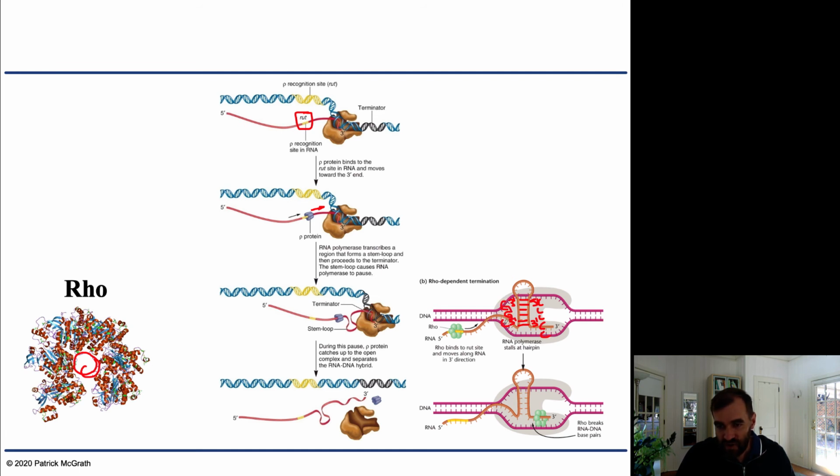In this case, a run of G's and a run of C's are complementary to each other, and so they can form this double-stranded RNA. But they have to be anti-parallel, and they have to be complementary to each other. And so this stem loop is important for terminating transcription in combination with the actions of the rho protein.